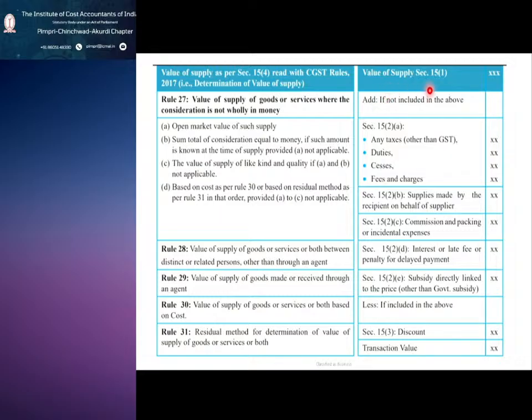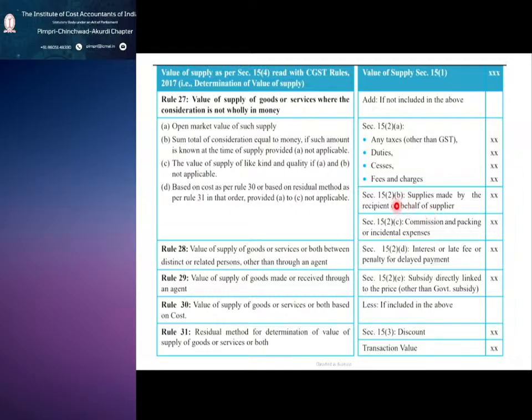Our section is 15, subsection 1. In the invoice value, that is the basic price, we need to add any taxes and any duties. Taxes means other than GST, and duties, fees and charges, and supplies made by the recipient on behalf of the supplier.